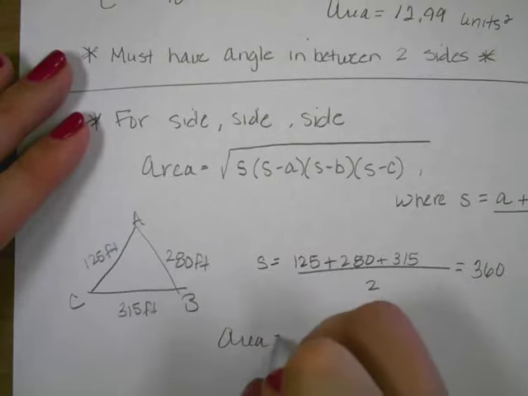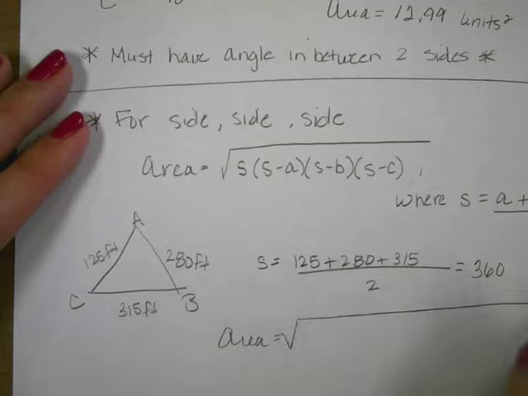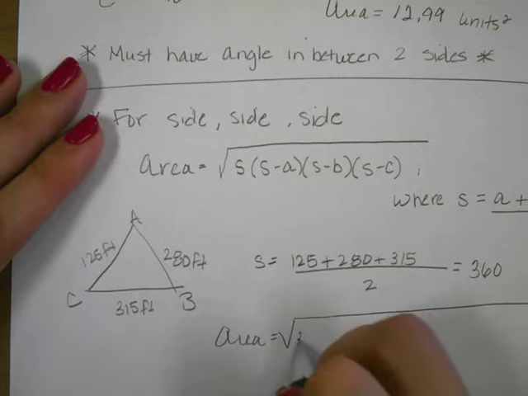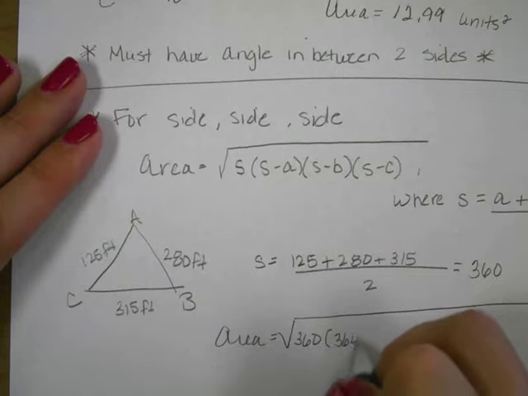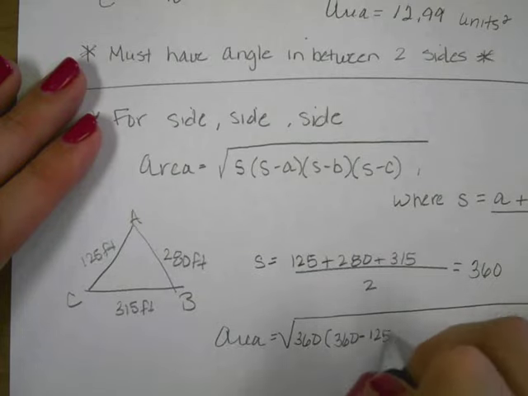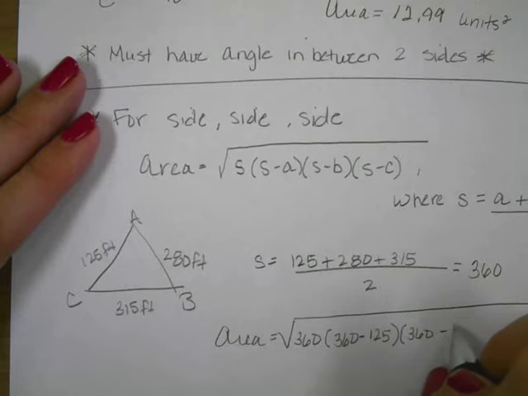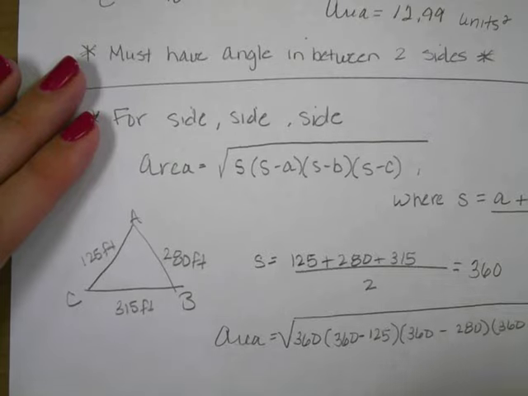So our area here is going to be the square root of 360 times 360 minus the first side, which is 125, times 360 minus the second side, which is 280, and 360 minus the third side, which is 315.